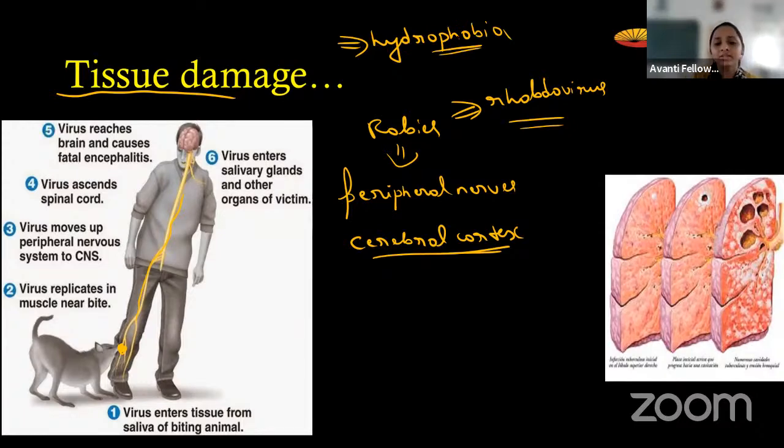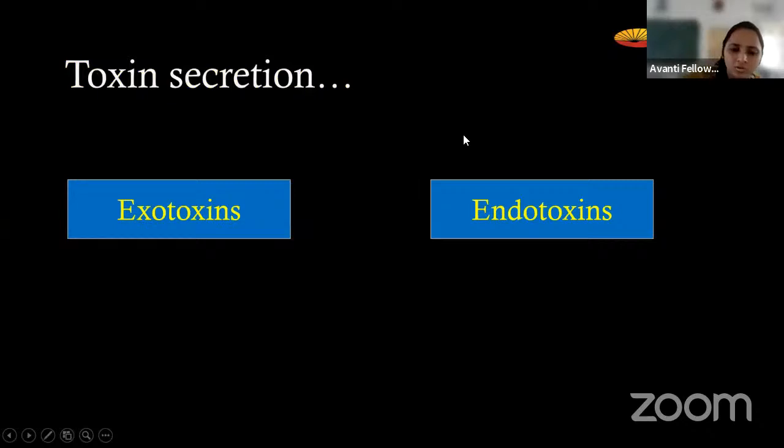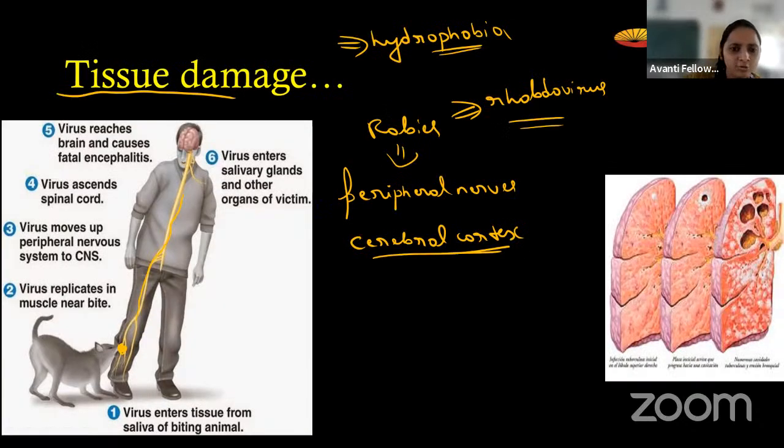The person with rabies cannot drink water, because it damages the trachea. Whenever he has thirst and wants to drink water, drinking causes pain. That is the reason he cannot drink water and has a fear of water, not only water but any liquid items. So that is about tissue damage.